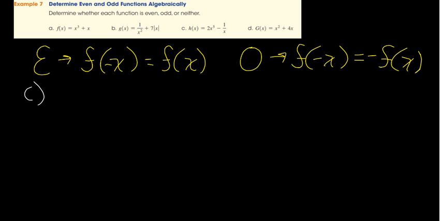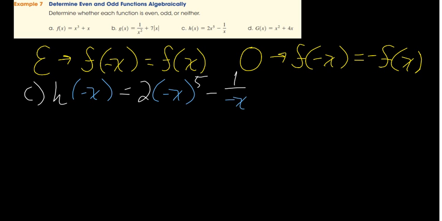Okay, so again, we're going to sub in a negative x. 2 times, looks like a negative x raised to the 5th power. Well, this just looks all sorts of not fun, doesn't it?